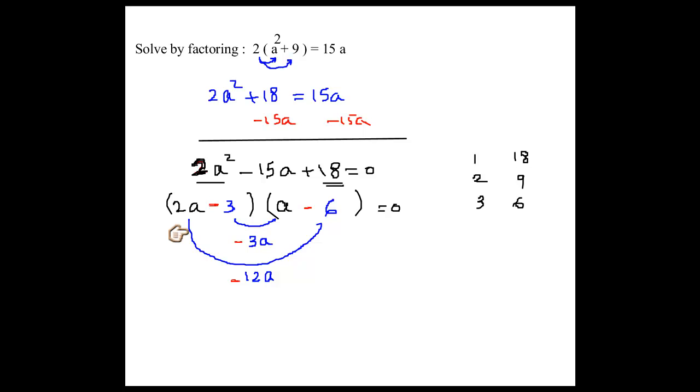Milagros, can you tell me what would be the next step to solve for a? You set each individual one equal to 0. And then you minus the 3 on both sides. Add.